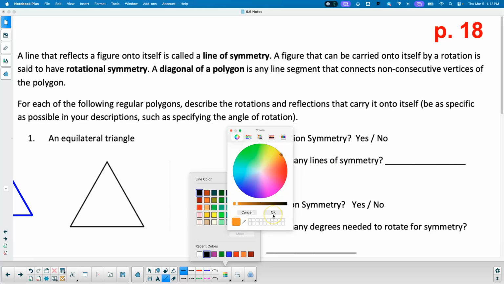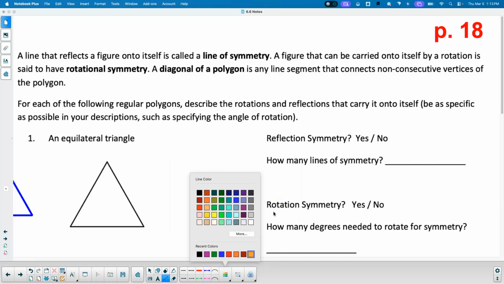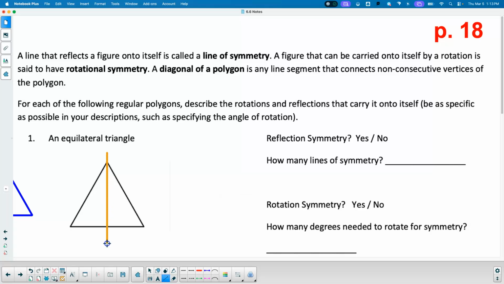It doesn't have to be that one. So like that one? Okay. Does that give me reflectional symmetry? Yeah. Is there more? What do we got?